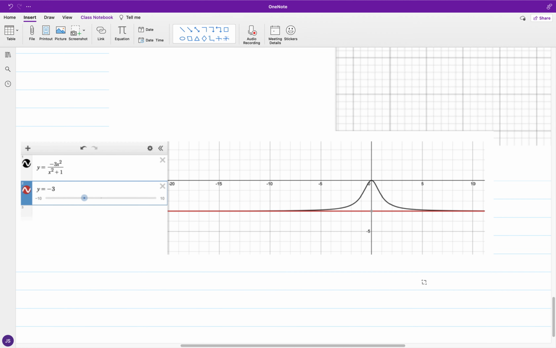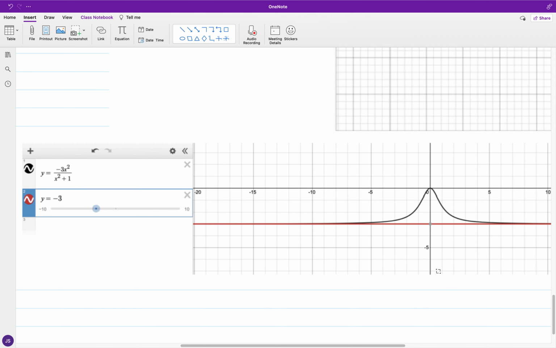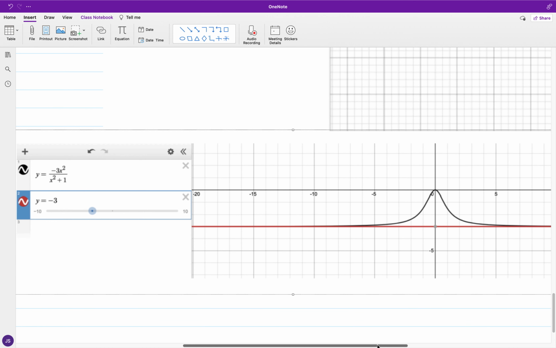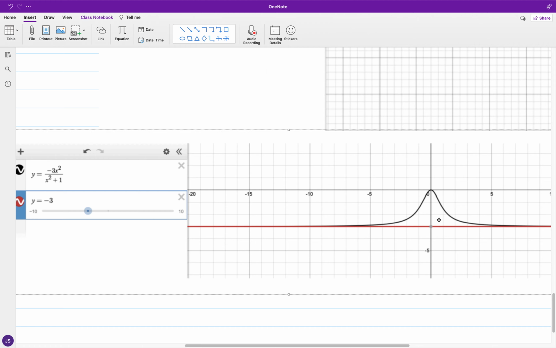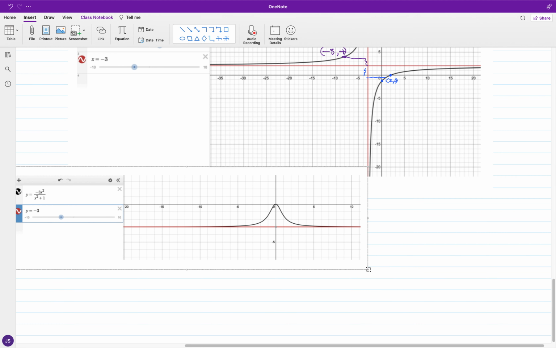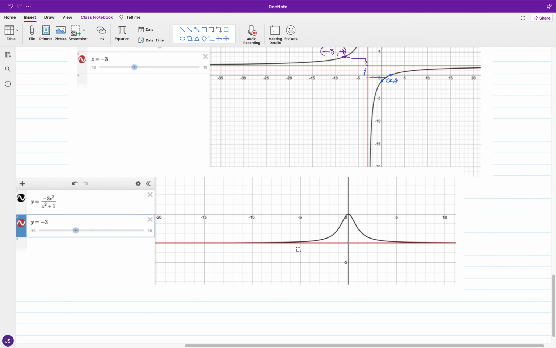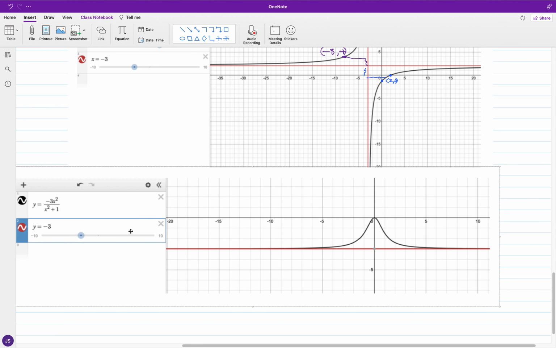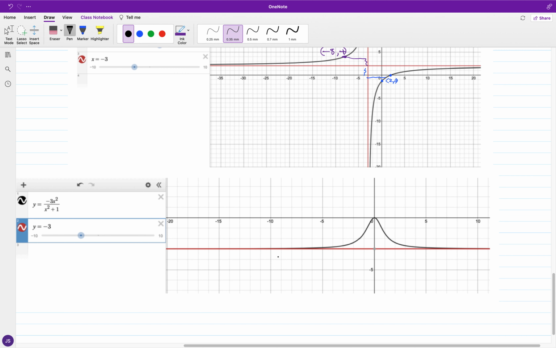So for this graph, you have a bit of a wave here with the rational function graph, and if you notice at the base, you have it running tangent to the left and to the right, and barely above the horizontal asymptote, which we have at y equals negative 3.